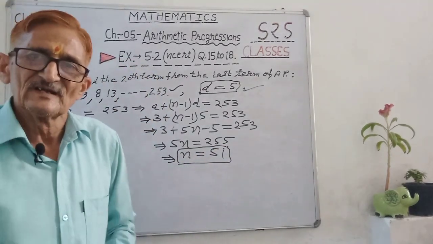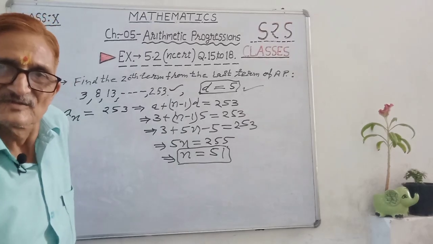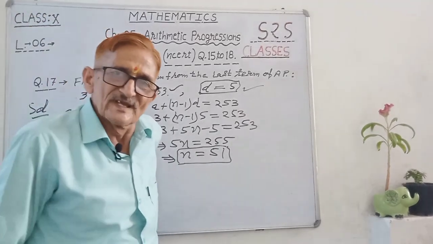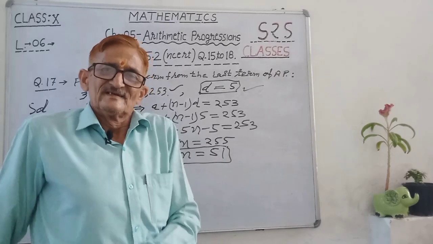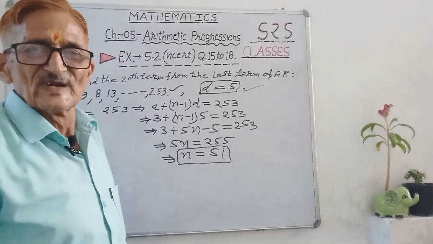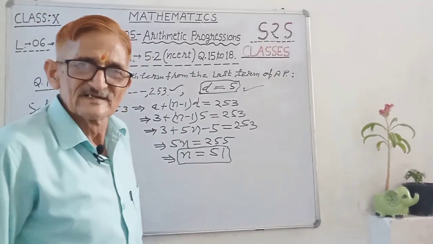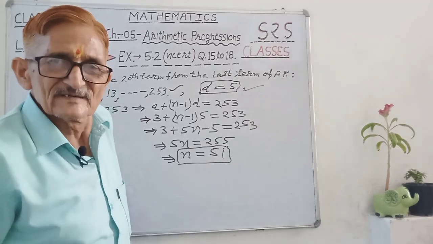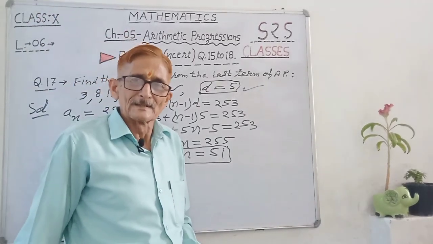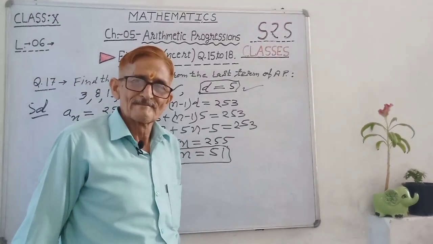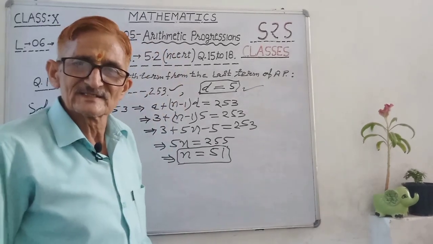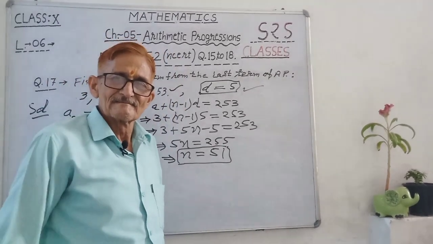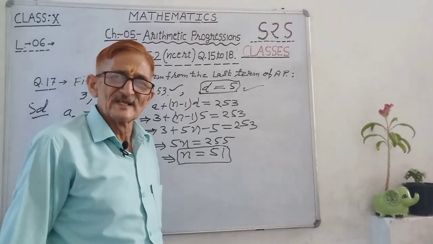Total terms are 51. So if you want to take from the beginning, which term is the 20th term from the end, that will be from the beginning: total terms 51 minus 20 plus 1.